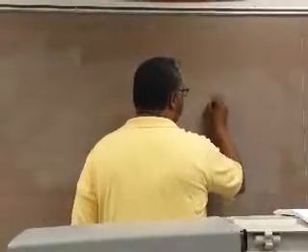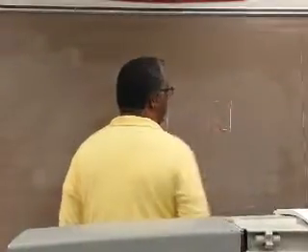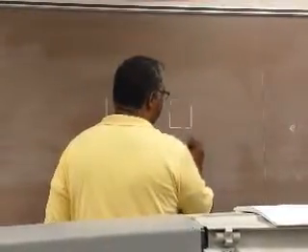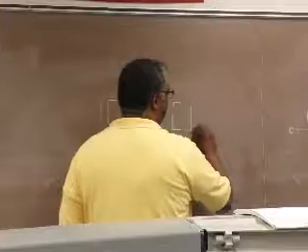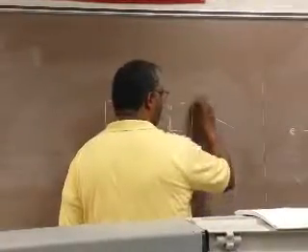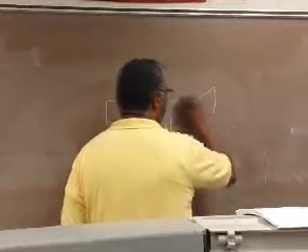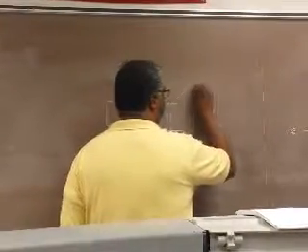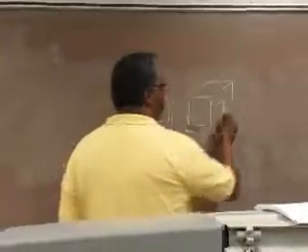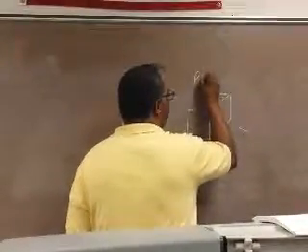If I look at the same box and draw an oblique, when I'm dealing with an oblique, lines that go back on my receding edges here, these lines are parallel. They remain parallel to each other. So this is called a parallel projection.